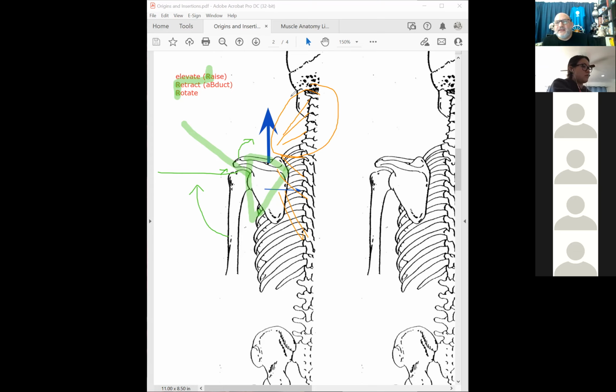The mnemonic that I always use to remember this for myself, for the trapezius, is to think in terms of if you were making a serve in tennis. You're going to throw the ball up in the air. And when you do that, you have to have your tennis racket ready. To have your tennis racket ready, you have to bring your shoulder up. You have to bring your shoulder back.